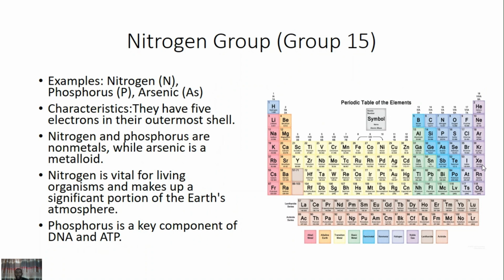The nitrogen group, group 5, has 5 electrons in the outermost shell, and they tend to gain electrons. They are composed of phosphorus and arsenic. Because they tend to gain electrons in their outermost shell, they become negatively charged.